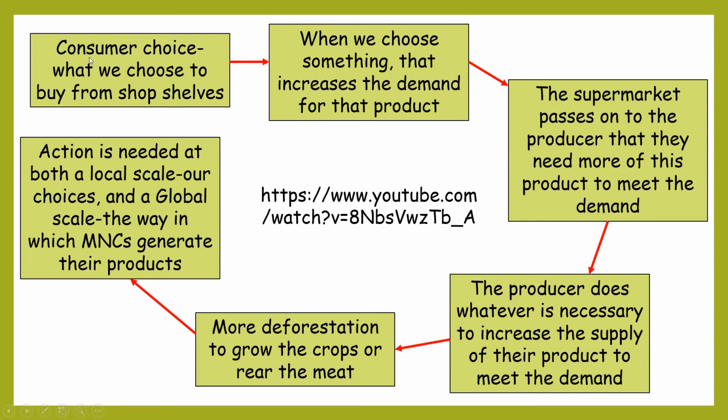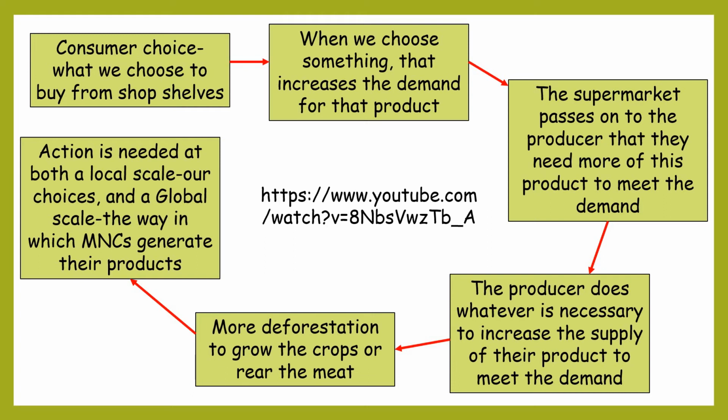It's our consumer choice, what we choose to buy from the shelves when we are in the shops. And when we choose something, that increases demand for it if we're all choosing similar things. So what the supermarket then does is pass on to the companies that produce the product: we want more of this thing because more people are buying more of it.